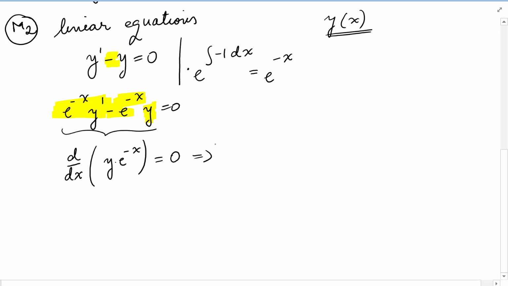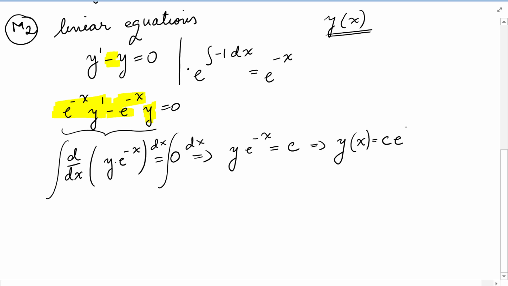Now we integrate both sides with respect to x, and we get y e to negative x equals 0 plus a constant. So we get this constant, which means y of x equals c e to the x, because we divide by e to negative x both sides and we change it into a positive exponent.